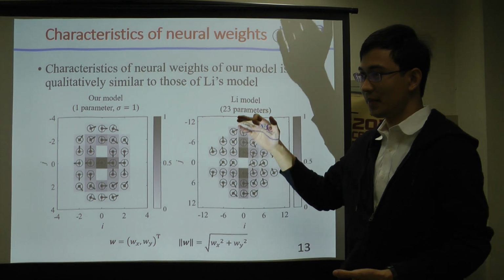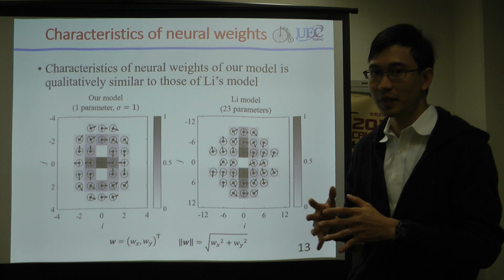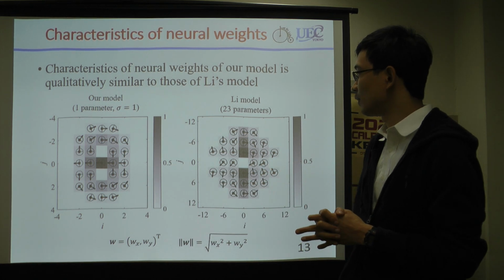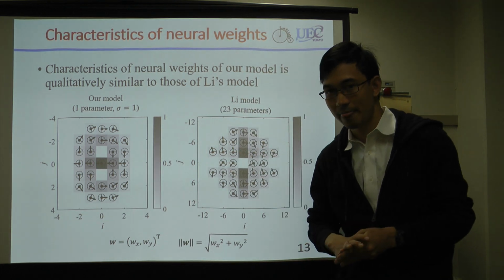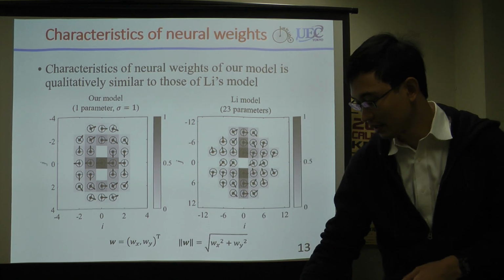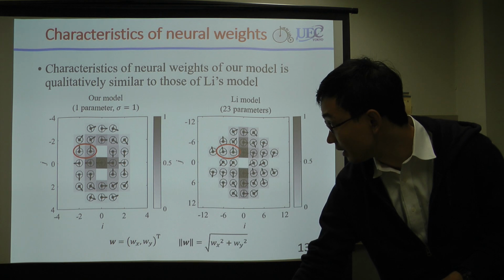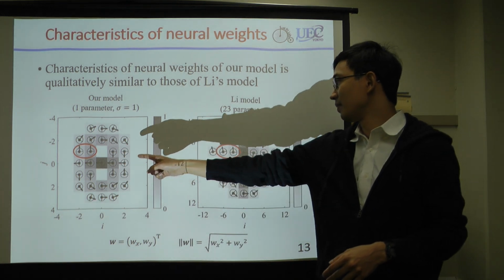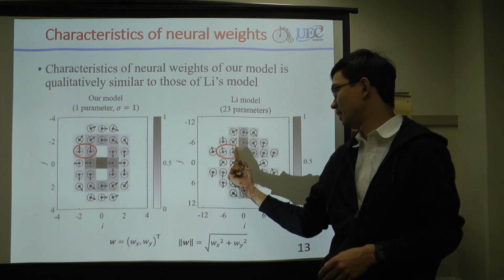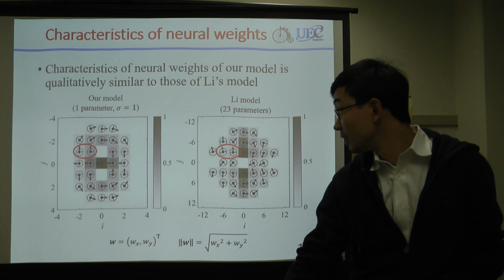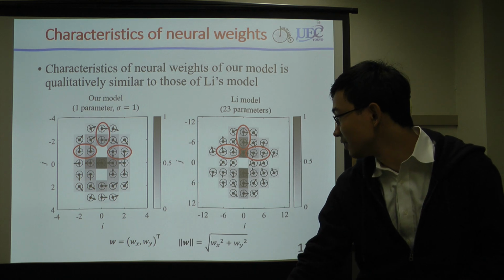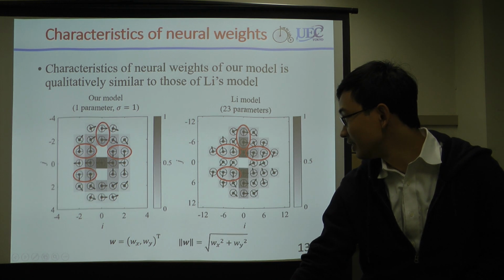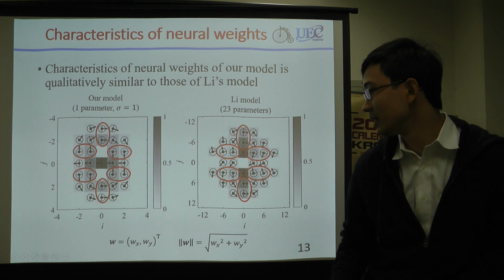Now we can use the same method to compare it with an existing model, Lee's model, which has 23 parameters. Our model only has 1. So let's take a closer look. First let's look at the direction. You can see direction points upwards, right, down, down, right, up.